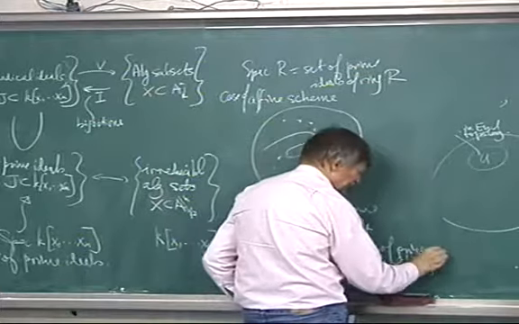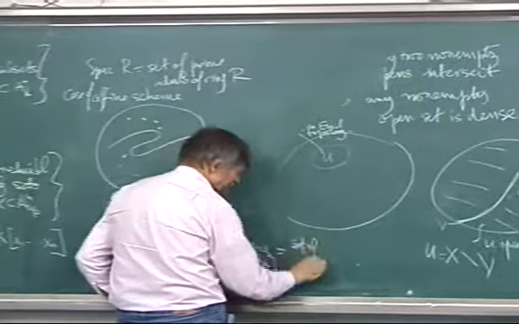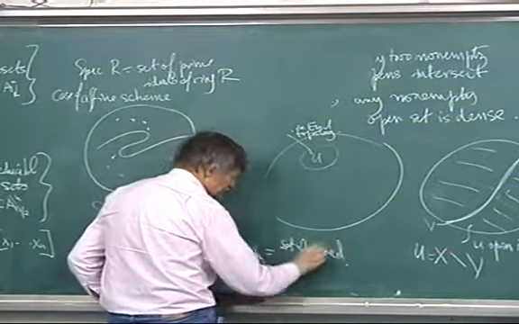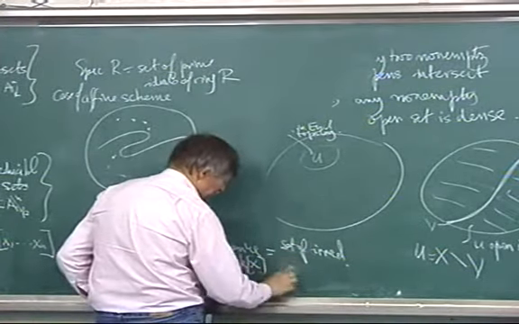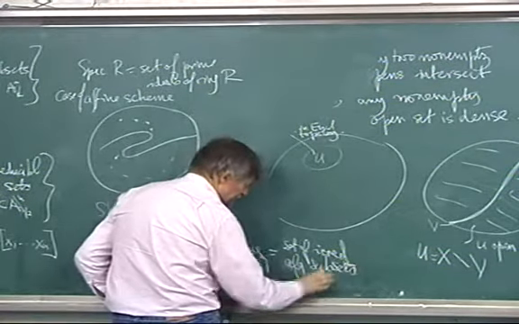And this is equal to the set of irreducible algebraic subsets of X.